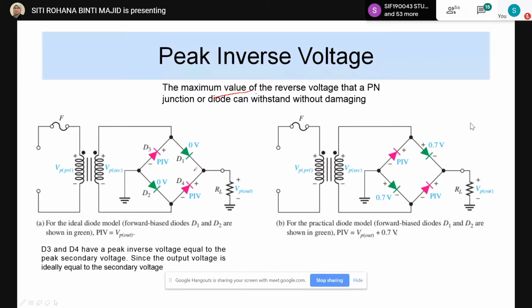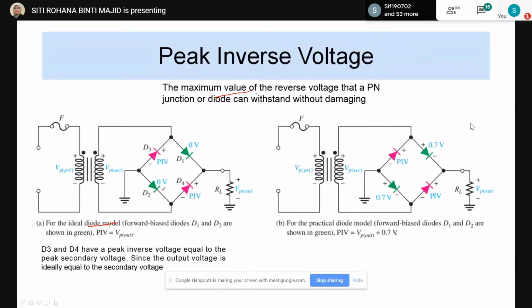So we look at the first diagram, which is using the ideal diode model, and we know the forward biased diodes are D1 and D2. So we can get the PIV equals VP out.